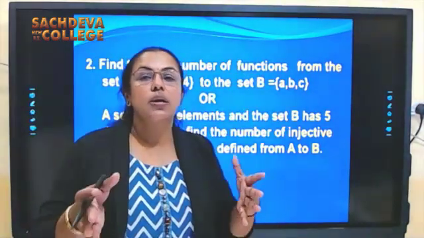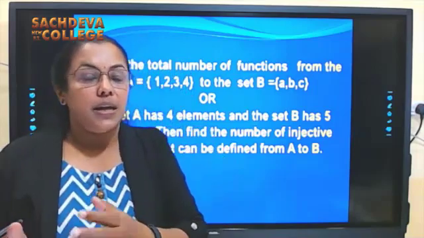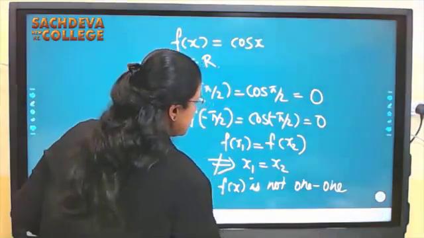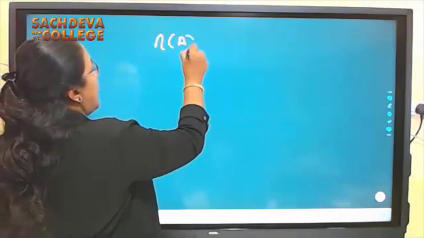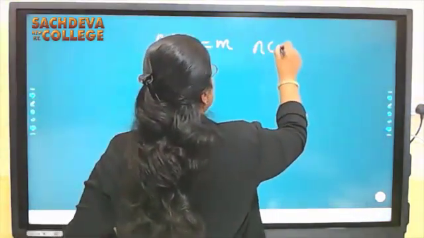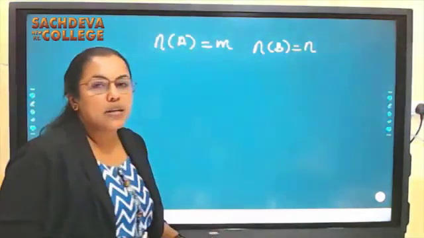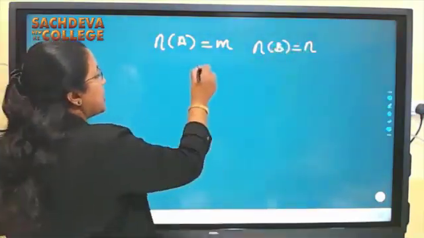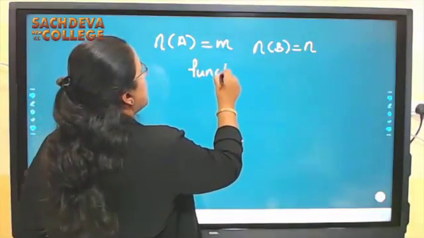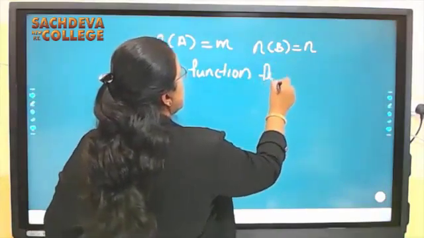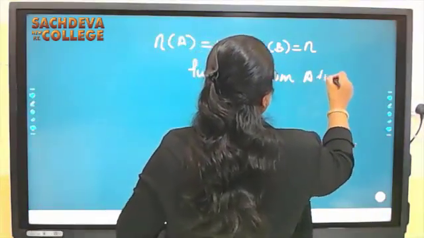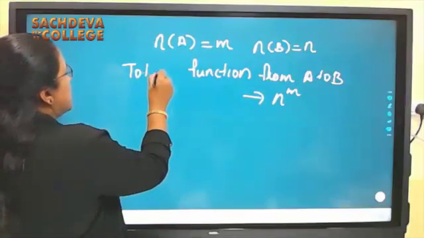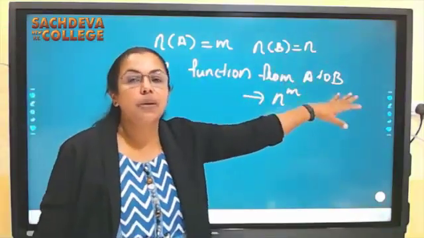If you know what is the total number of functions from a set containing, suppose number of elements of A is equal to m and number of elements of B is equal to n, then there is a direct formula which says what is the total number of functions from A to B. Total number of functions from A to B का formula क्या है? n to the power m.